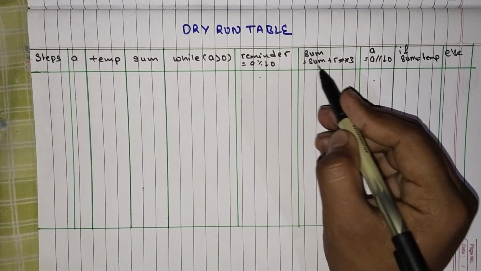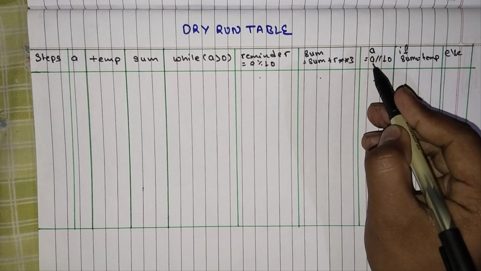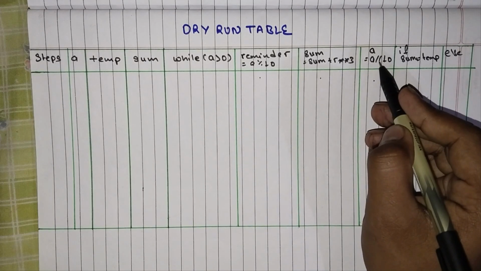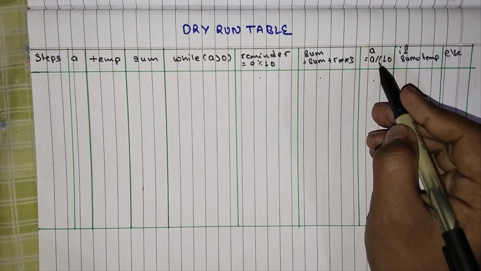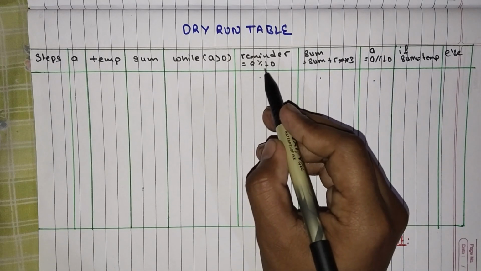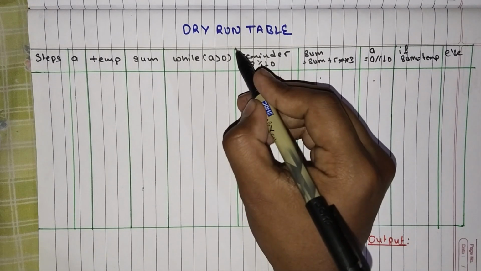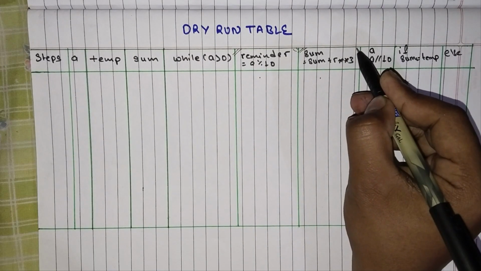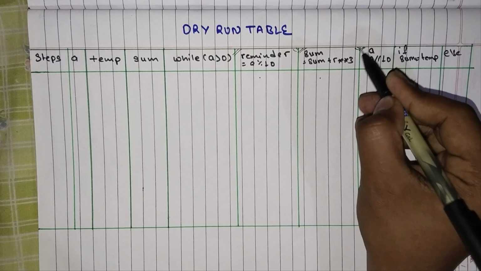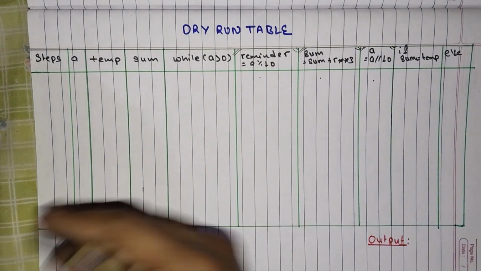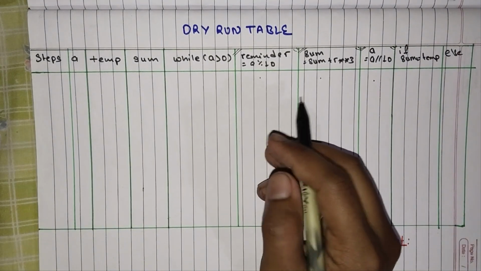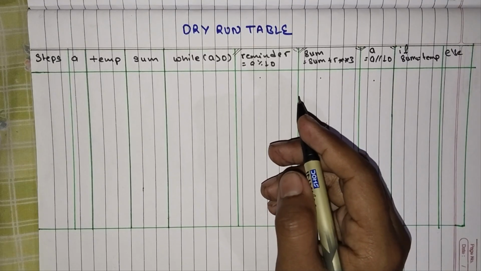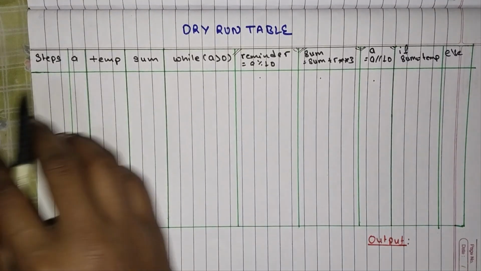And these conditions written over here, sum, a equal to a floor division 10, and remainder, are inside the while loop. Okay, now I will start writing over here.